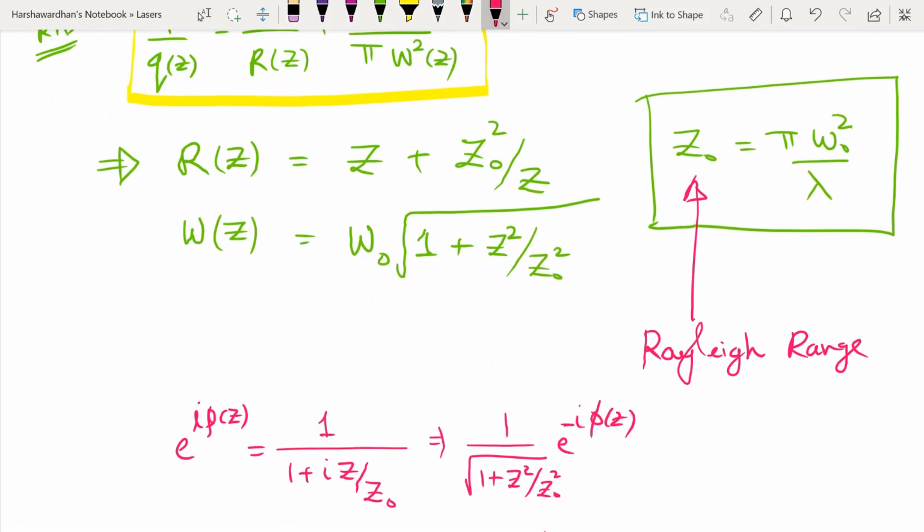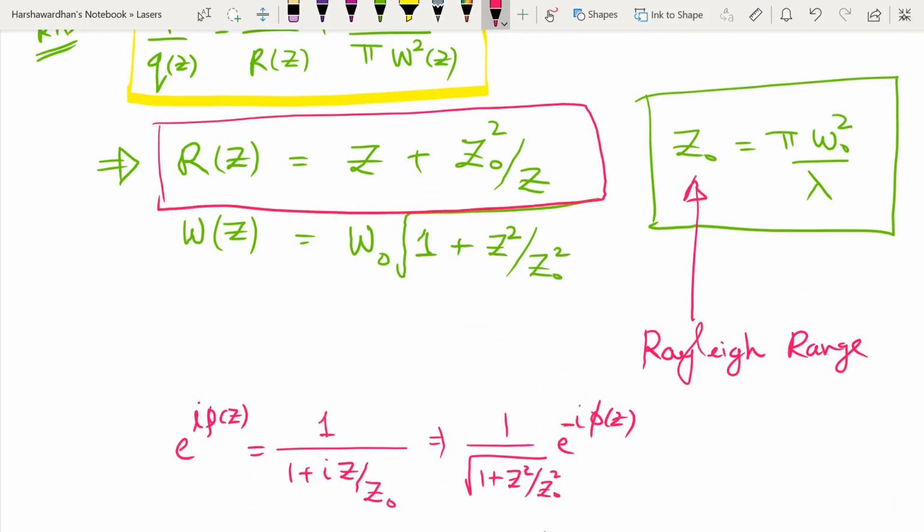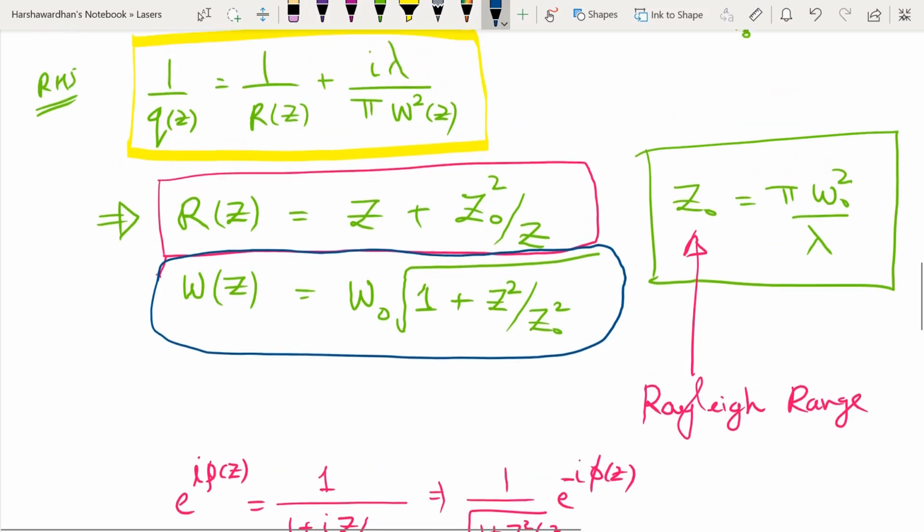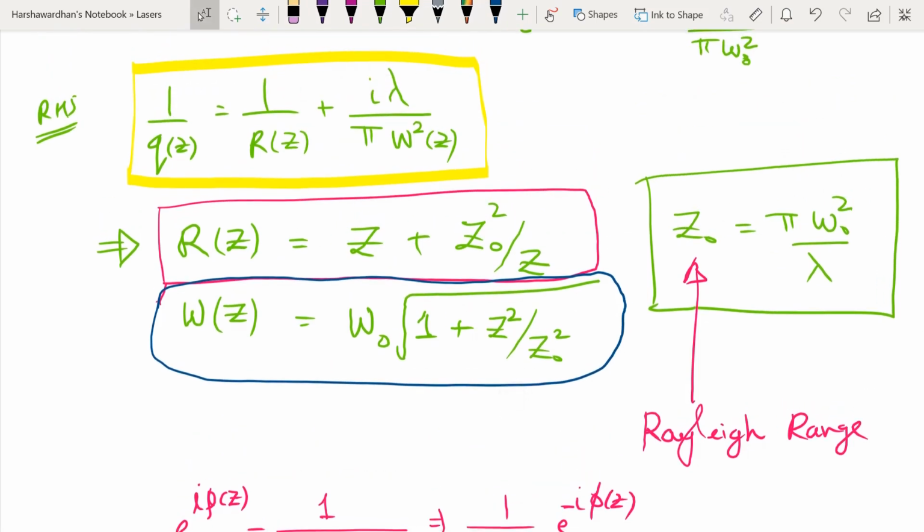R of Z, for very large values of Z, essentially just increases linearly. And W of Z, which is the width, has this particular form. Again, let us be very clear: I have introduced a new term called Z naught, which I call the Rayleigh range.